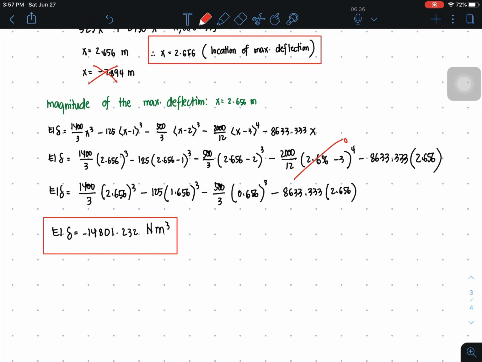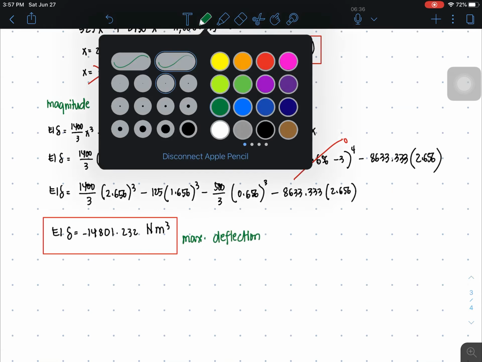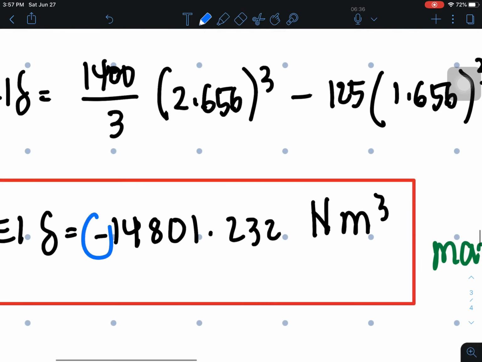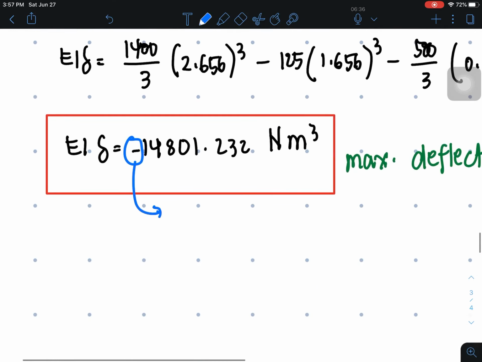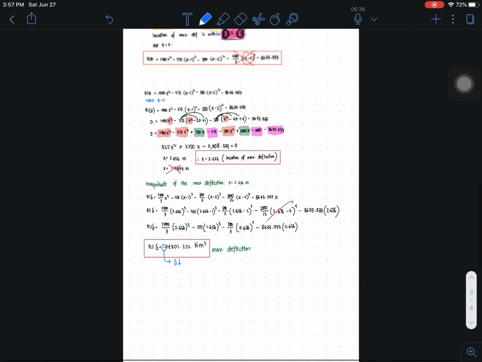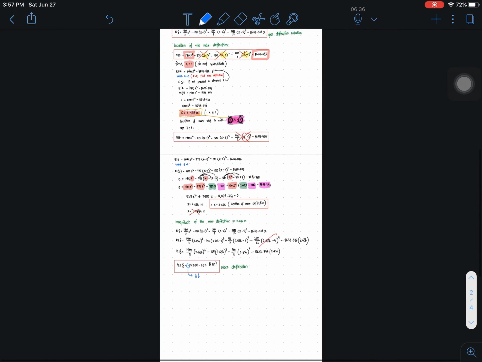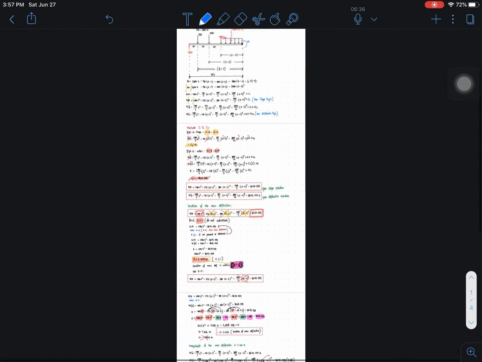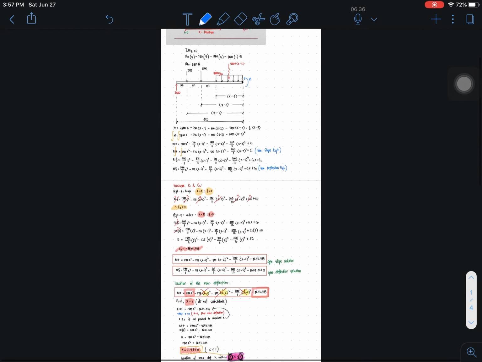This is our maximum deflection. This negative here means that the deflection is downward. I'll just look again at the previous examples. That's it for our example number 4.